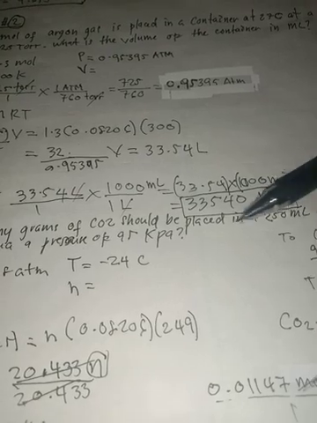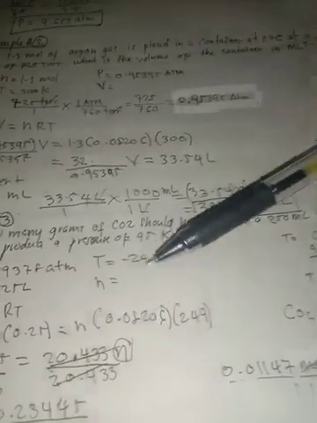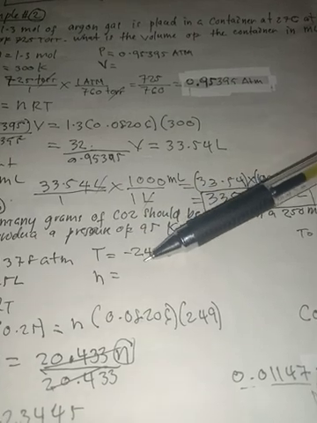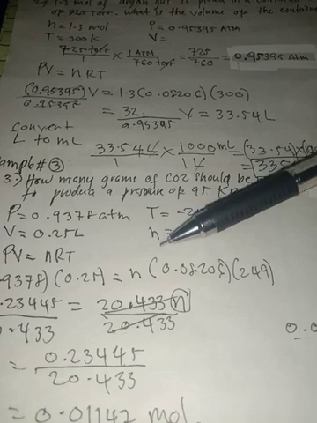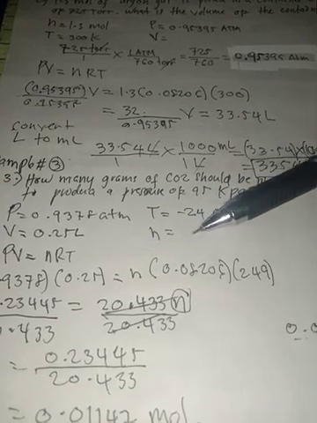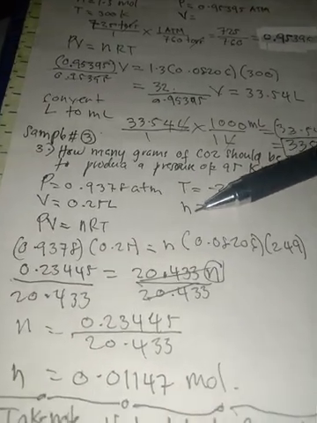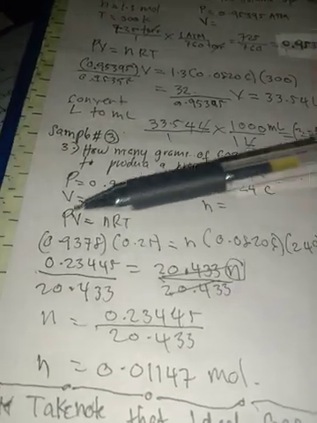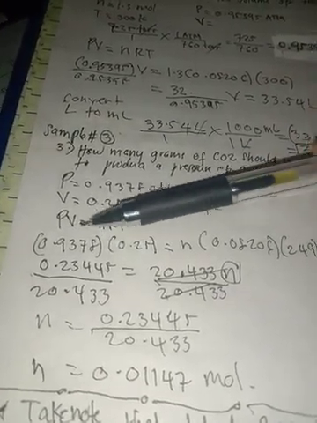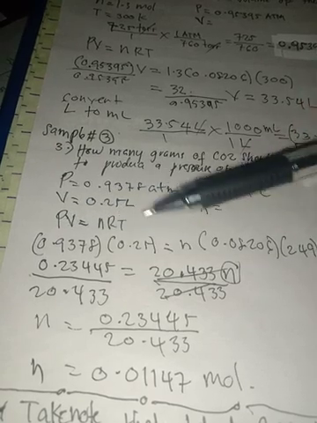The next is our temperature, which is negative 24 Celsius. Our number of moles, n, is unknown. So now we are going to find n. We are going to use this equation, PV equals nRT.